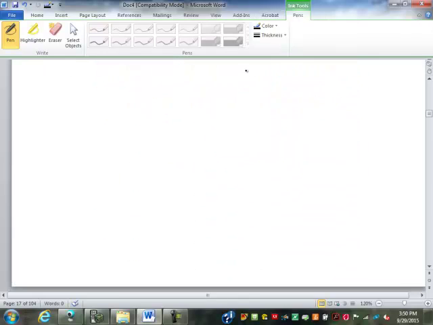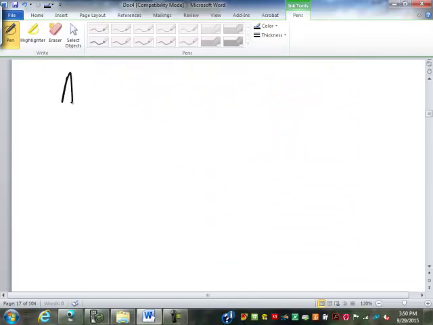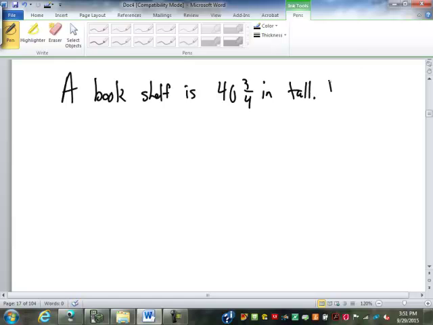So in this next one, a bookshelf is 40 3/4 inches tall. The bottom shelf is 3 7/8 inches off the floor.